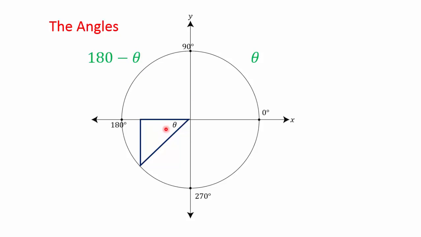In the third quadrant, I go 180 degrees, and then I add theta. So this is 180 plus theta, because I travel 180 degrees to get here, and then I add theta to get to my destination.